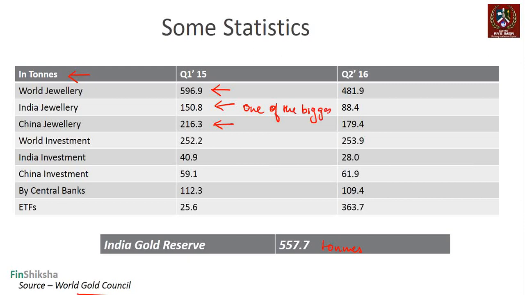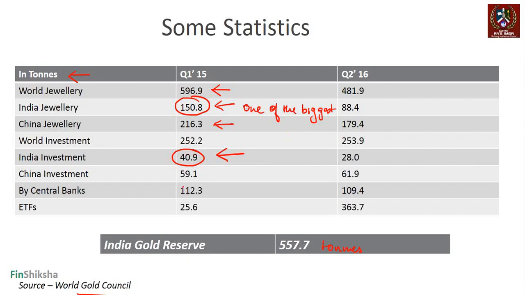And then there is demand in terms of investment. How does investment happen? People buy gold as an investment instrument, and if you look at this and this combined, that's a big chunk of the demand, and India is the second largest user of gold in terms of demand.